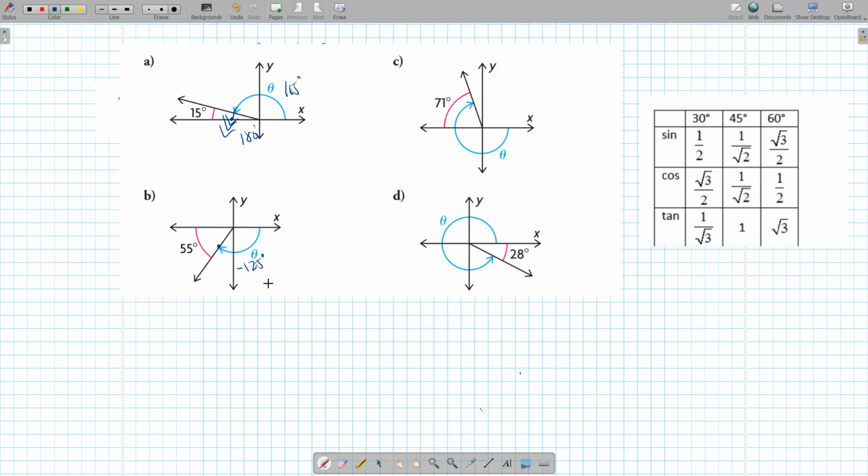We're looking at C. Any ideas? I'll give you a hint, okay? From here, if you go this way to the straight line here, up until there, it's negative 180 degrees. Is it negative 109? No, it has to be greater than 180.